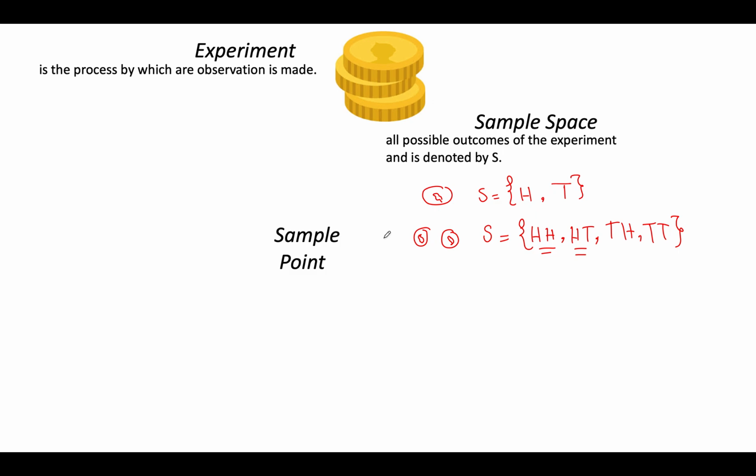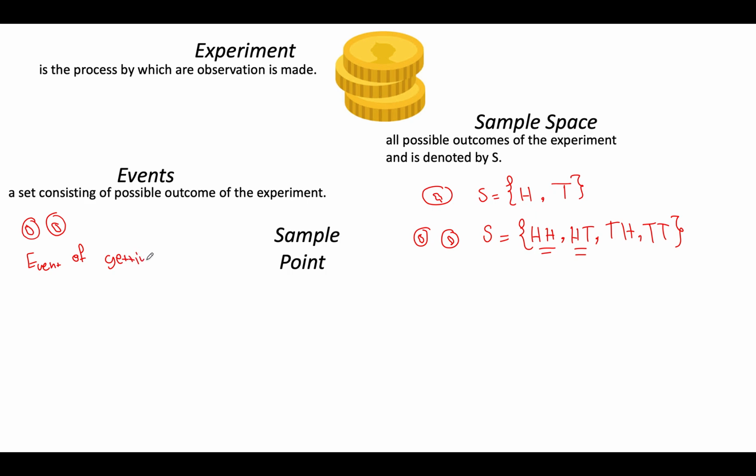All right, we have something called an event, which is a set consisting of possible outcomes of the experiment. So let's suppose I am in the experiment of tossing two coins. What is the event of getting at least two heads?